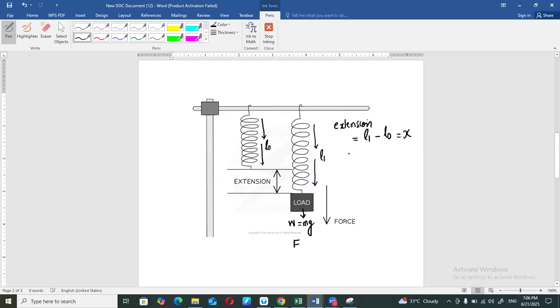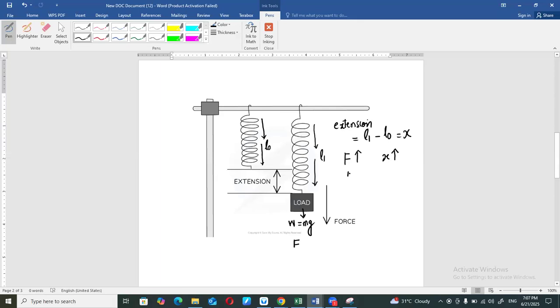If you increase the force or weight, the x value, which is also called extension, also increases. It simply means that when you increase the load on the spring, the spring will extend more and more.